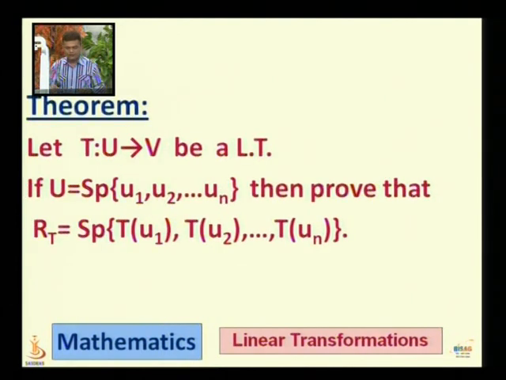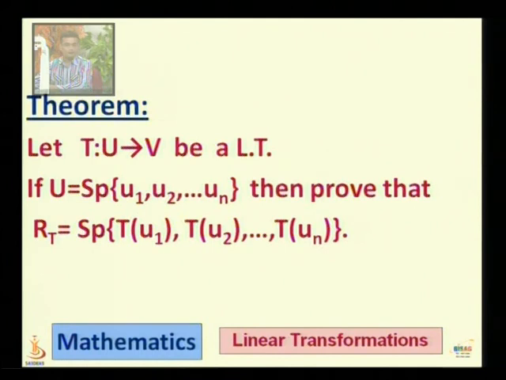We come to the next theorem. Let T from U to V be a linear transformation. If U is spanned by the vectors u1, u2 up to un, then we can show that the range space R(T) is spanned by the vectors T(u1), T(u2) up to T(un) of V. So we prove this.